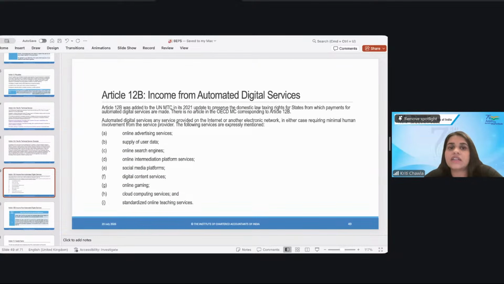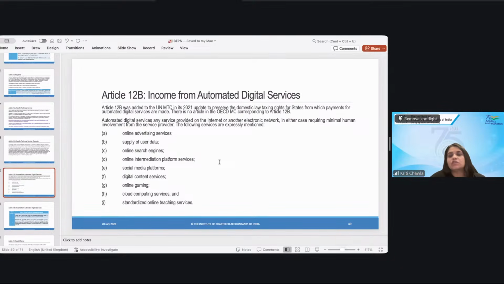Now, Article 12B was added to the UN Model Taxation Convention in the 2021 update, just to make sure that there is domestic law taxing rights for states for which payments for automated digital services are made. But there is no article in the OECD Model Taxation Convention that corresponds to Article 12B. Now, what are automated digital services?